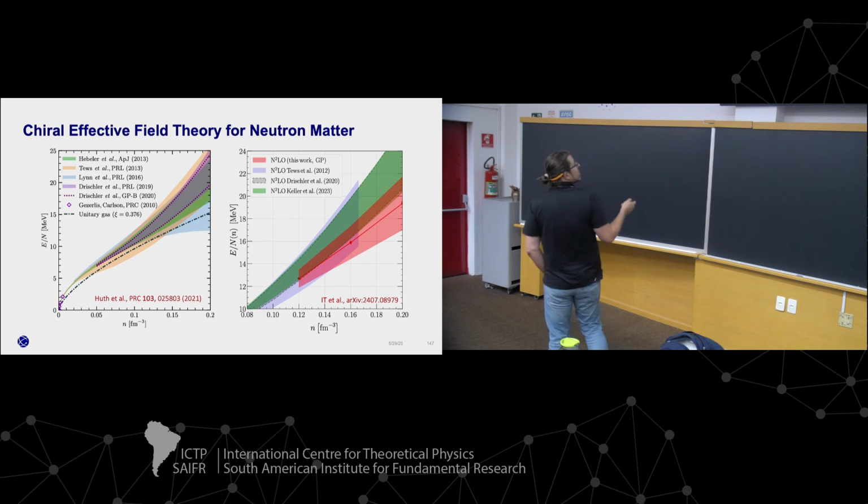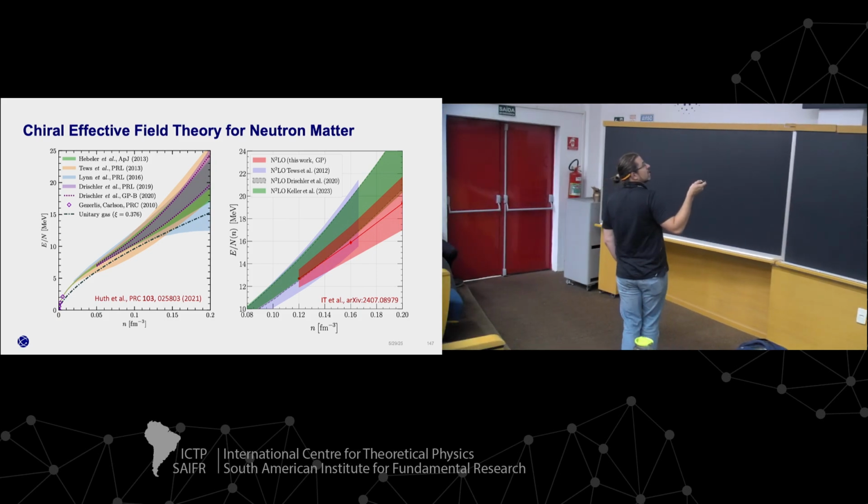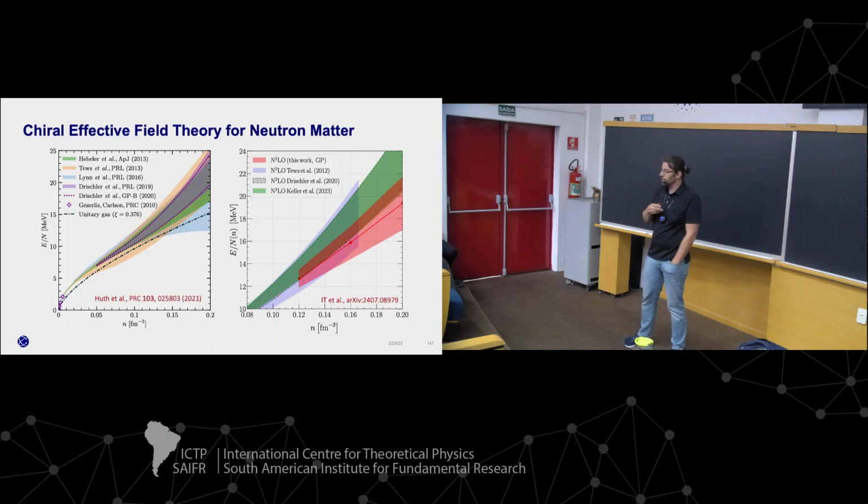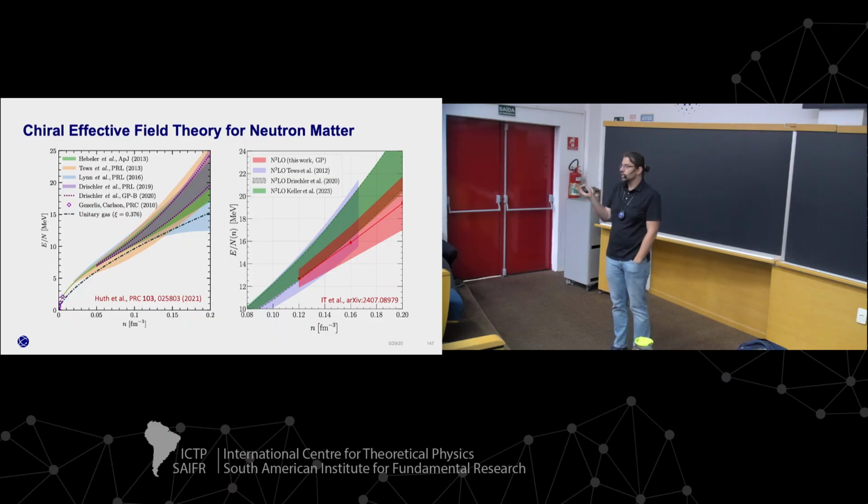Okay, so you can think of a unitary system, a system that only has infinite scattering length S-wave interactions at every density. You can think of this as maybe a lower bound to pure neutron matter, because S-wave interactions are weaker in pure neutron matter, so it would be more repulsive. D-wave interactions are more repulsive, and three-body forces are all repulsive.